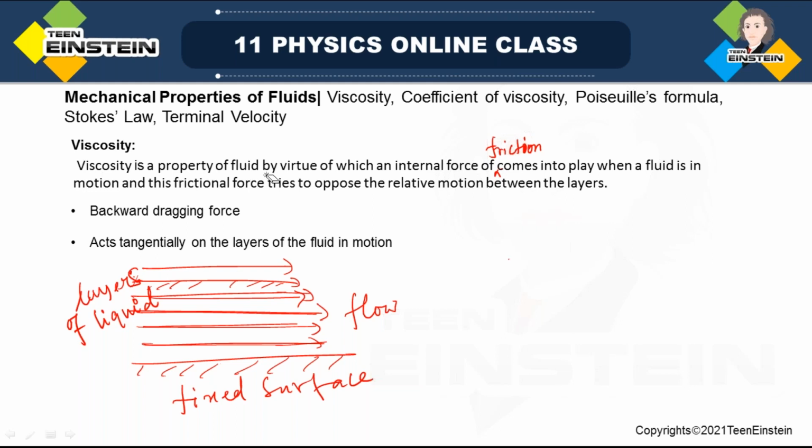So viscosity is a property of fluid by virtue of which an internal force of friction comes into play when a fluid is in motion. Fluids move in terms of different layers, and because of viscosity, different layers oppose the relative motion between them.